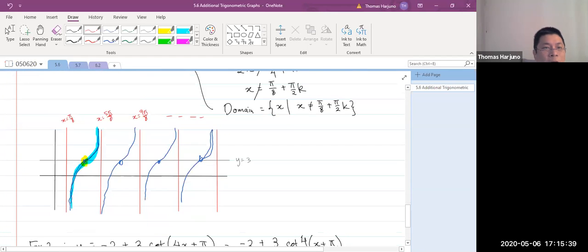So if I graph another one here, the center will be at negative pi over 8. Originally the graph of tangent x is supposed to look like that. Up 3, shift to the left pi over 8.